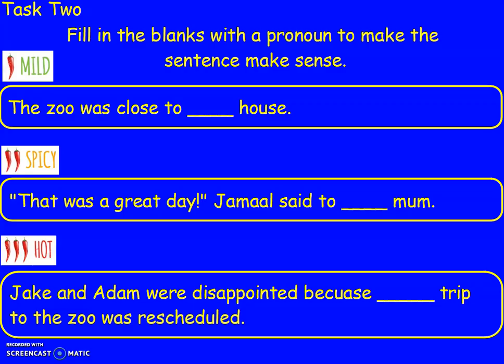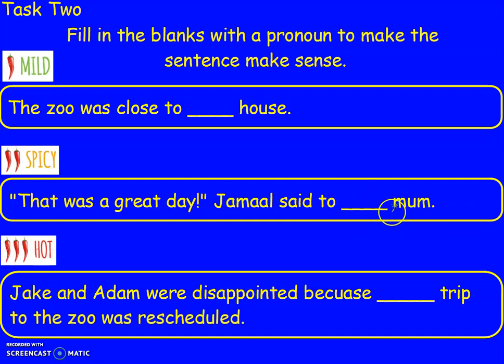Then for task 2, it's your turn now to think of a pronoun to put in the blanks. So fill in the blanks with a pronoun so that the sentence makes sense. Mild says, the zoo was close to blank house. What pronoun could go here? Remember, there could be more than one. Spicy says, that was a great day, Jamal said to blank mum.